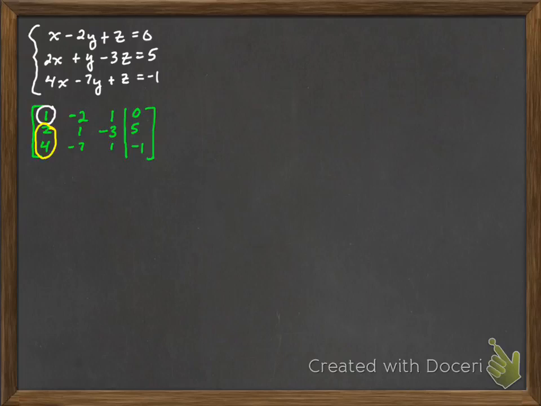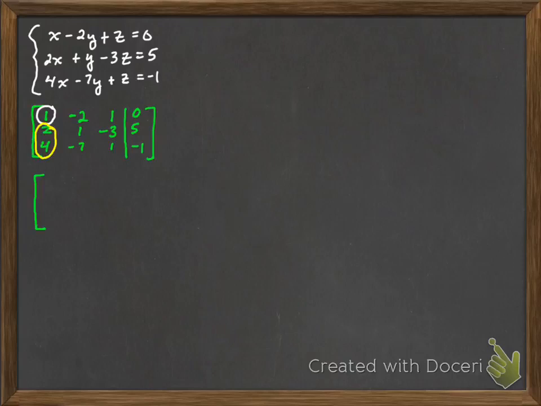So right now what we have is a 2 right here. What cancels with a 2 is a -2. So what we are going to need to do is multiply this value by -2 and then add it to this value. That will cancel out and make a 0 right here.